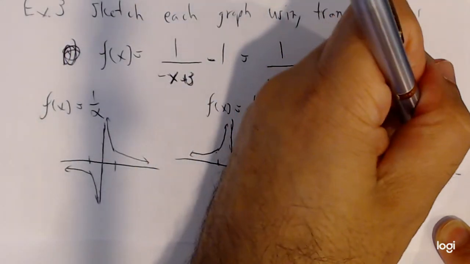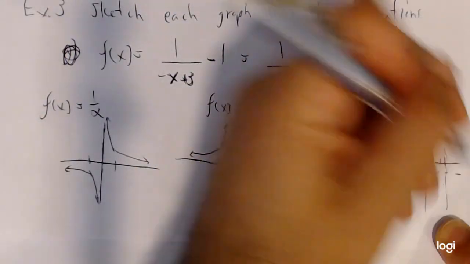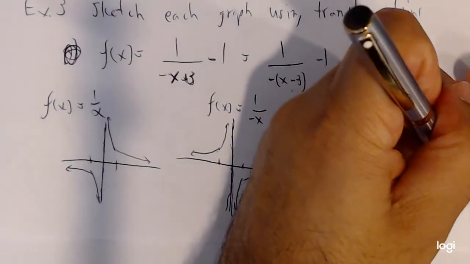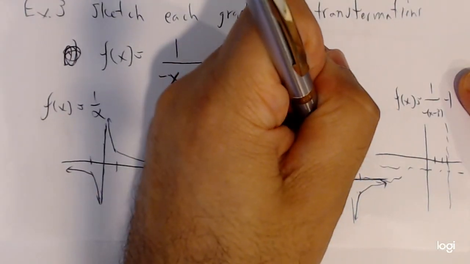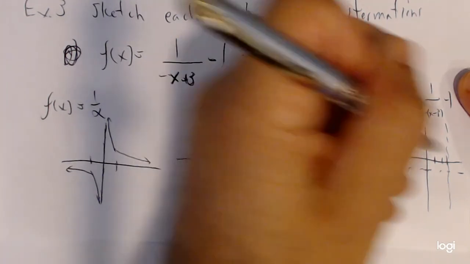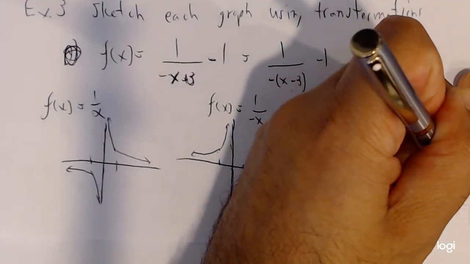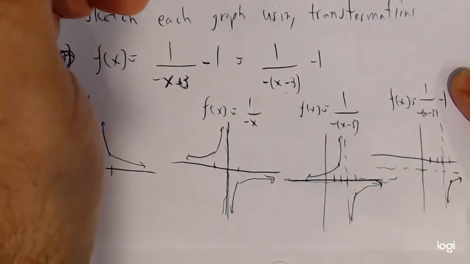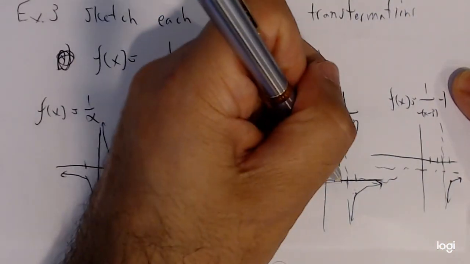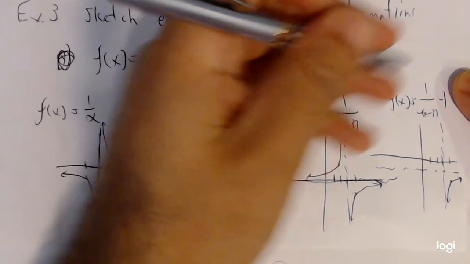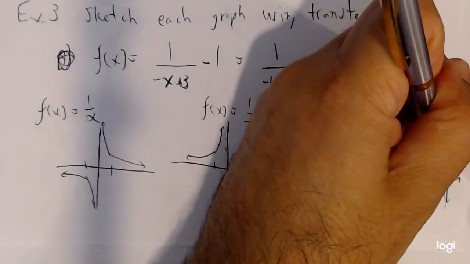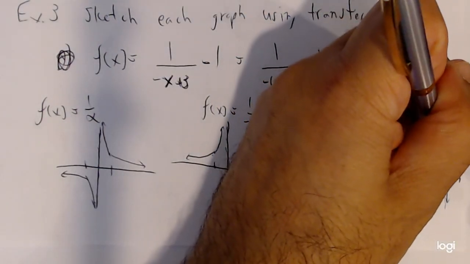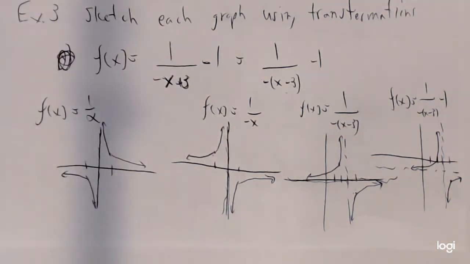So at 3, this point, instead of being at 4, negative 1, will be at 4, negative 2. That side looks like that. I'm kind of running out of space again. This one, instead of being at 2, 1, will now be at 2, 0, because I'm moving it down 1 unit. And there's your graph. So notice how I'm using transformations to go about this.